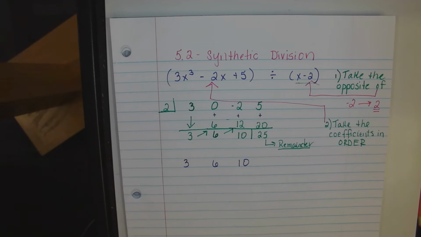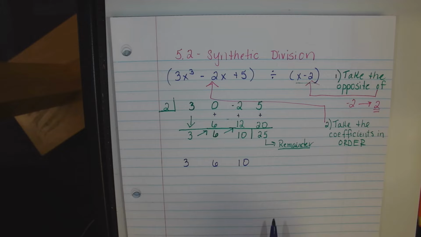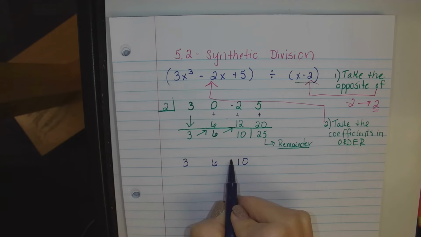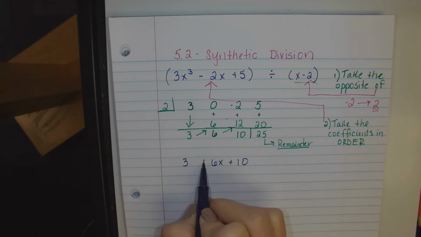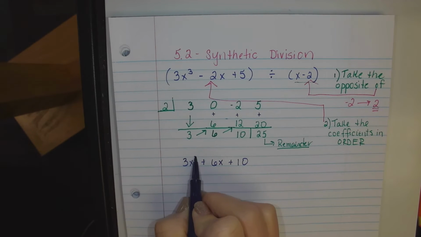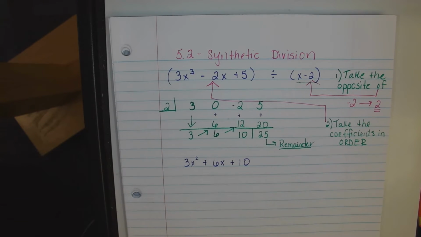Watch what I'm getting ready to do, because this kind of throws people a little bit. Sometimes it does, sometimes it doesn't. 10, it's positive. 6x is positive. 3x squared. You work backwards.